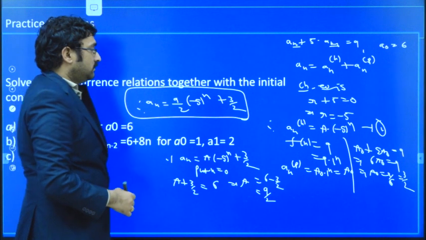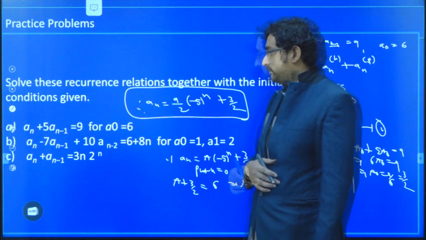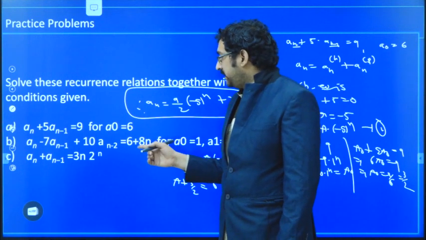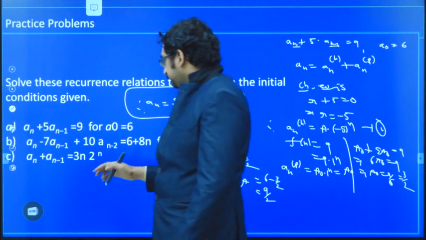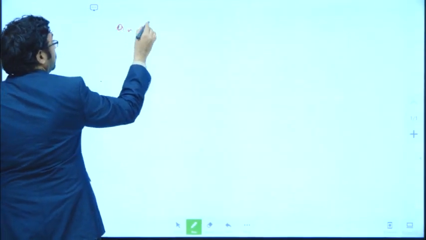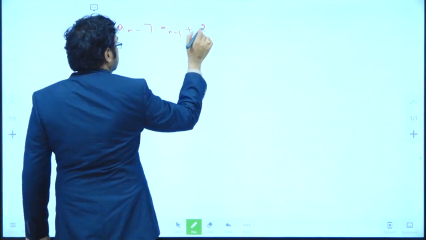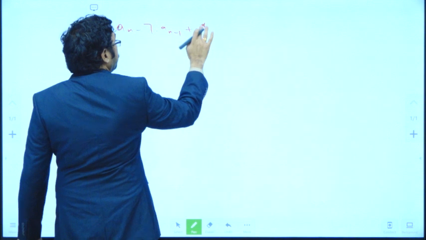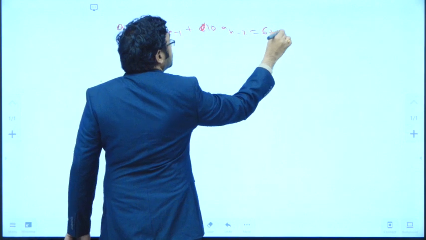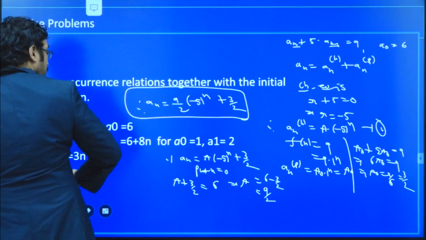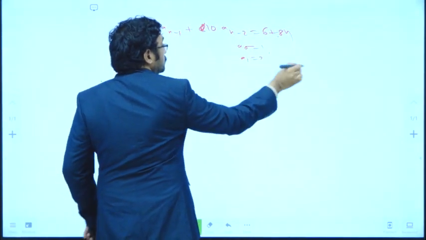So this is the general solution for the given non-homogeneous recurrence relation. See the next problem: a n minus 7 a n minus 1 plus 10 a n minus 2 equals 6 plus 8n, with a naught equal to 1 and a1 equal to 2.